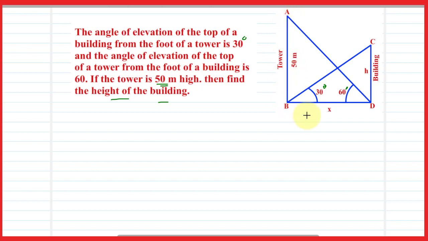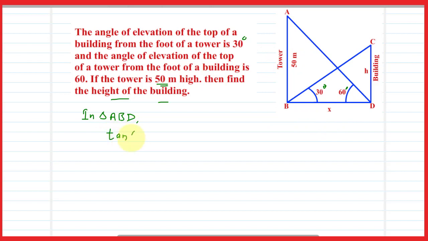So friends, here we get two right triangles, and with the help of these two right triangles, we will find the height of the building. So first we will take the triangle ABD. In triangle ABD, tan 60 is equal to opposite upon adjacent.